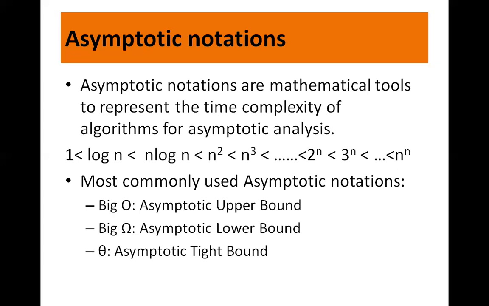Big O notation will always give you the worst case, that is the maximum time an algorithm will take for execution. Big omega will always give you the minimum time, that is a lower bound. Whereas big theta will always give you the average time, so it gives you a tighter bound. Let us look at them one by one.